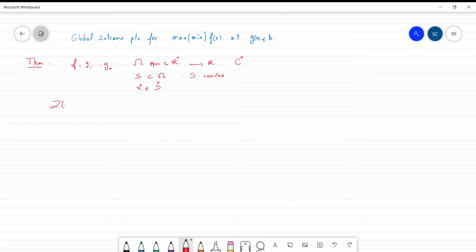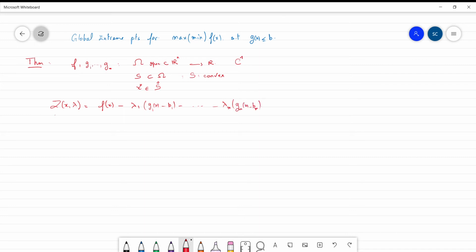Let's introduce our Lagrangian function that will be used for both the maximization and minimization problem, so we don't have to change the function. It depends on the purpose of the problem you are studying: g1 of x minus b1, minus etc., minus lambda m, gm of x minus bm.